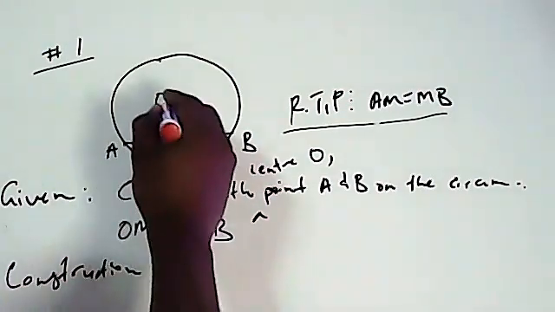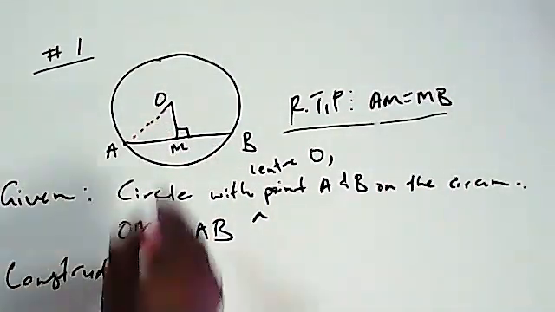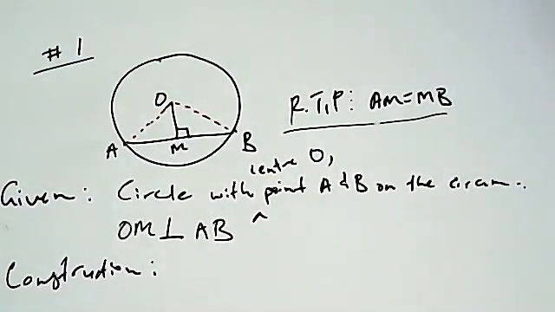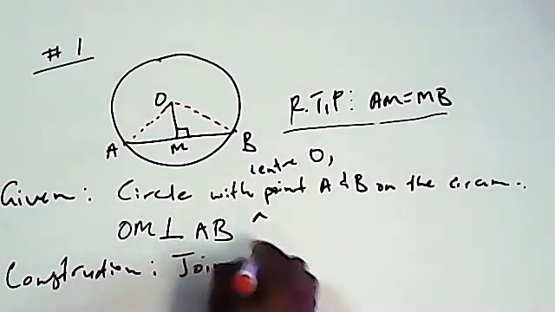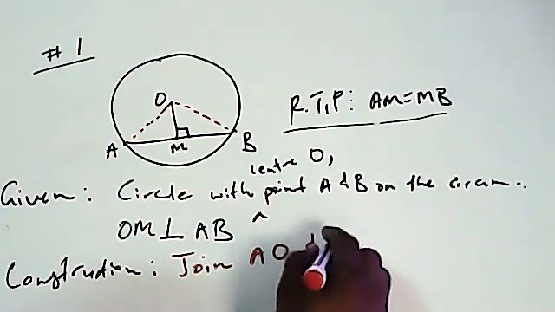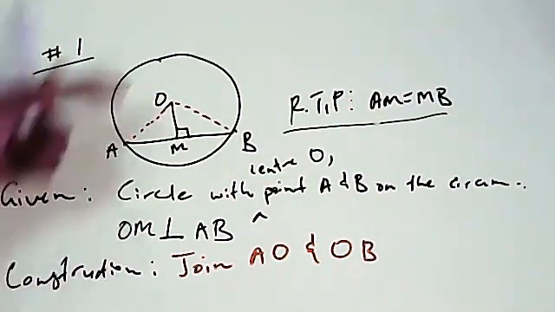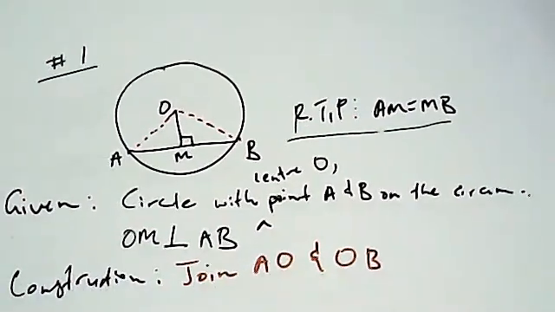So we construct, we join A to B. And when you construct, you do dotted lines, you don't do solid lines. So you have to come back and write on the construction what you did. You join AO and OB. So that is what we did. We joined OA and we joined OB. By so doing, we're done. So we move on to the next step, which is proof.